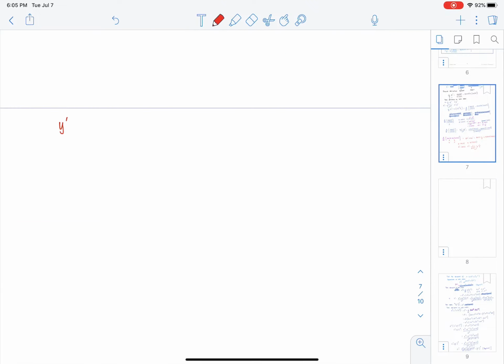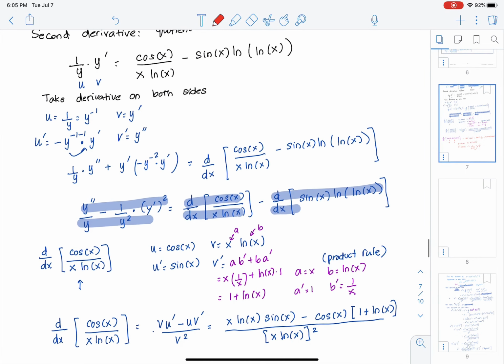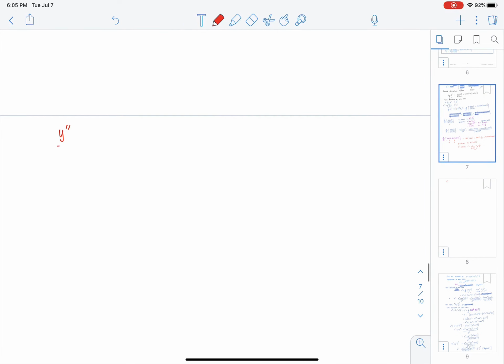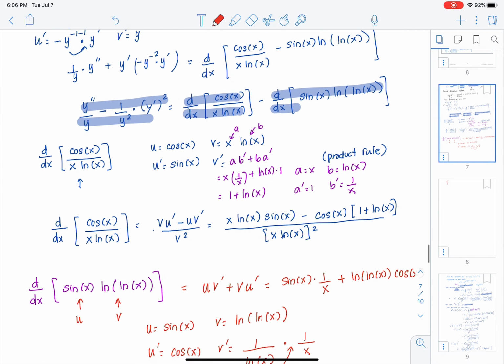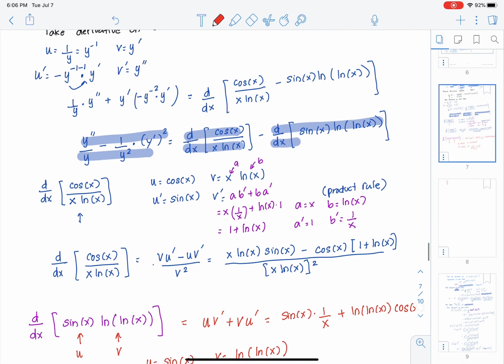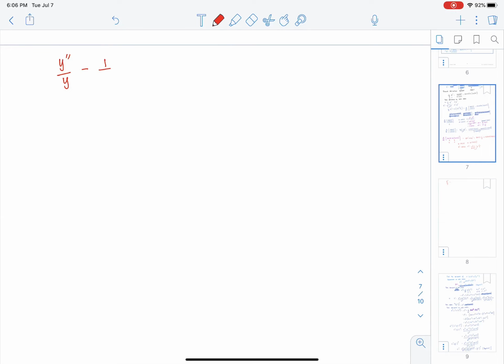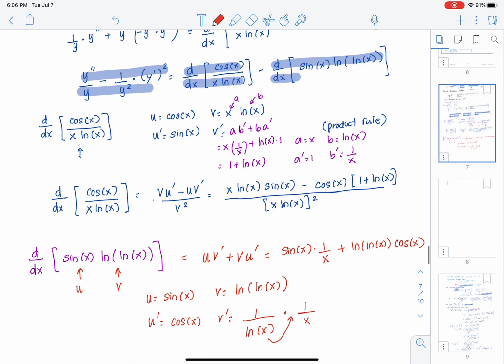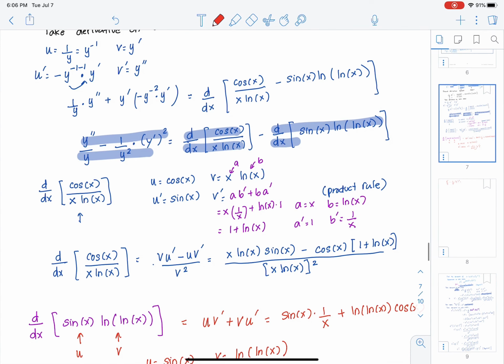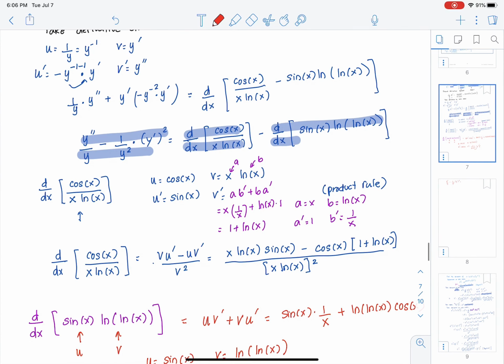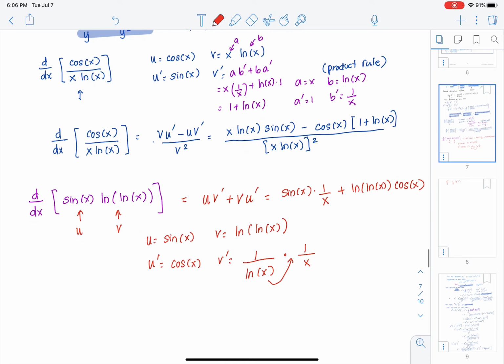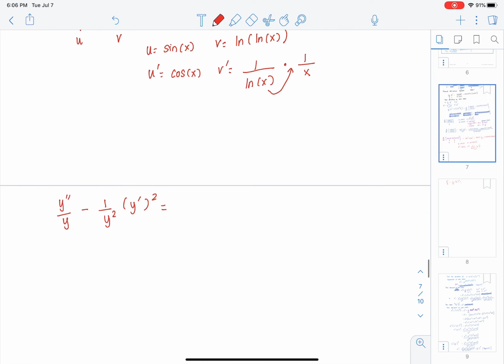So y double prime divided by y minus one over y squared y prime squared equals the first term, which is the derivative of cosine x divided by x times ln of x, which is right here. I'm going to plug that in.